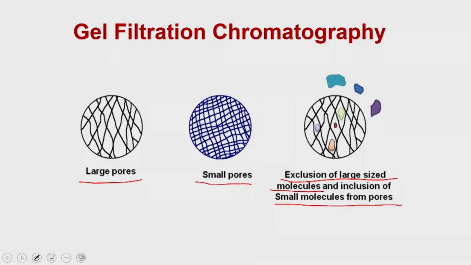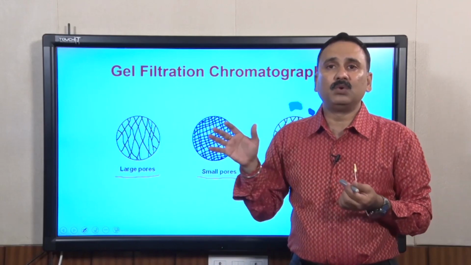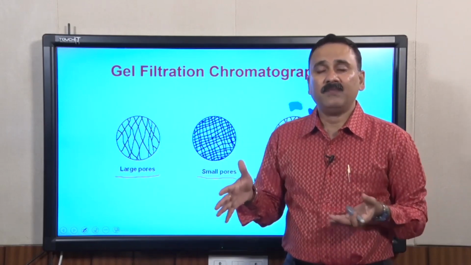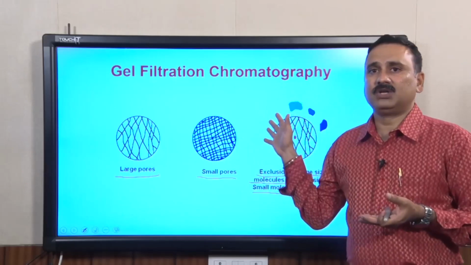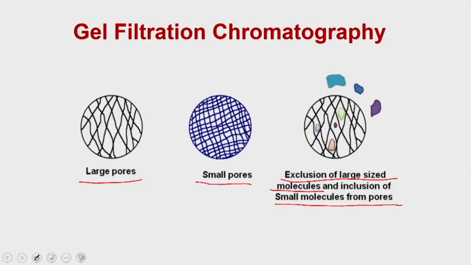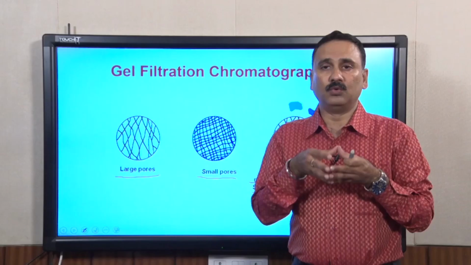This is exactly the reverse. In most cases when you are doing a filtration, the small molecules pass through that diameter, whereas the larger molecules are retained. Whereas in gel filtration chromatography, you are going to exclude the larger molecules and retain the smaller molecules in those pores.